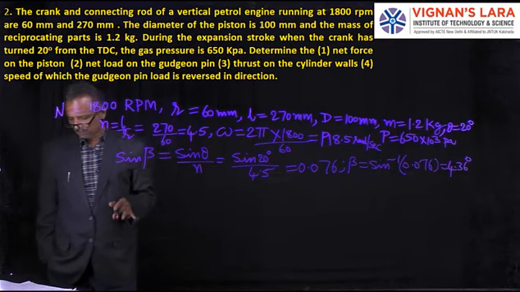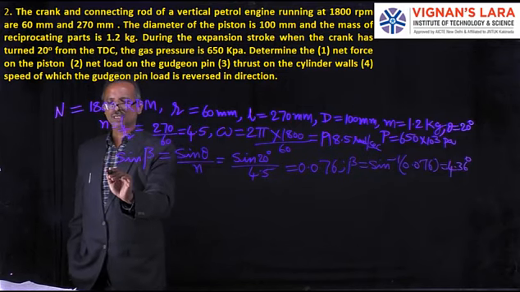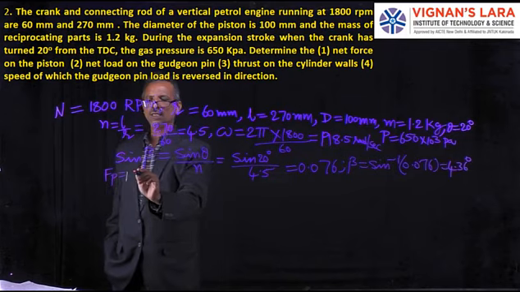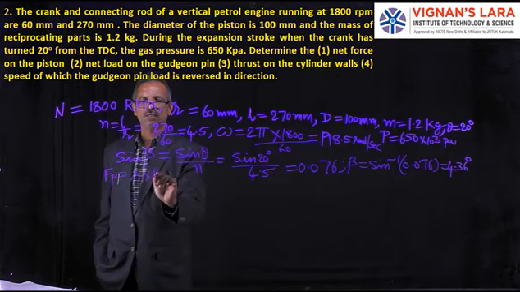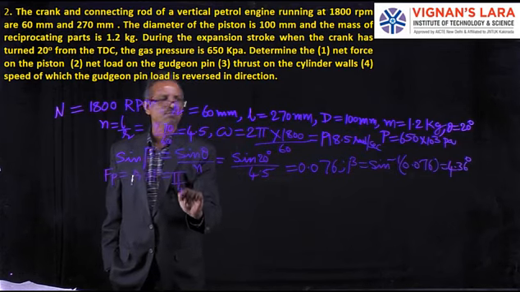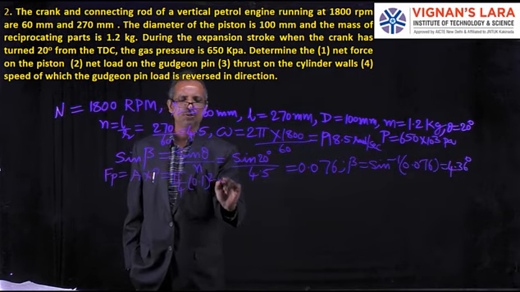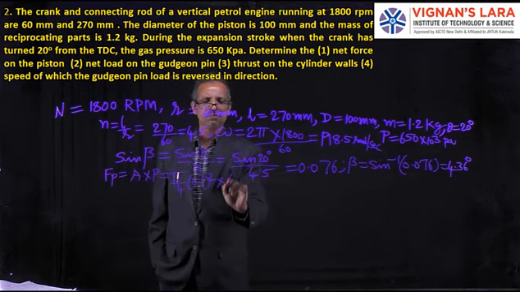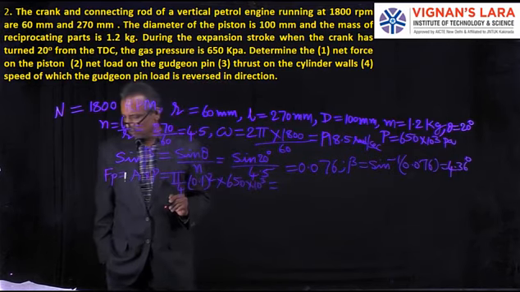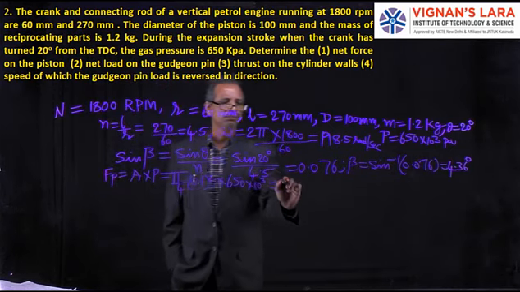So what is the force on the piston? Force on the piston is area of the piston into pressure. What is the area of the piston? Pi by 4 into diameter of the piston 100 mm, that is 0.1 whole square, into pressure 650 into 10 power 3, which gives 5105.